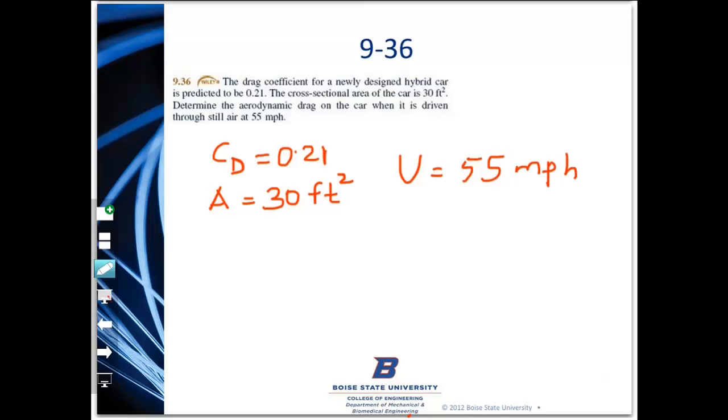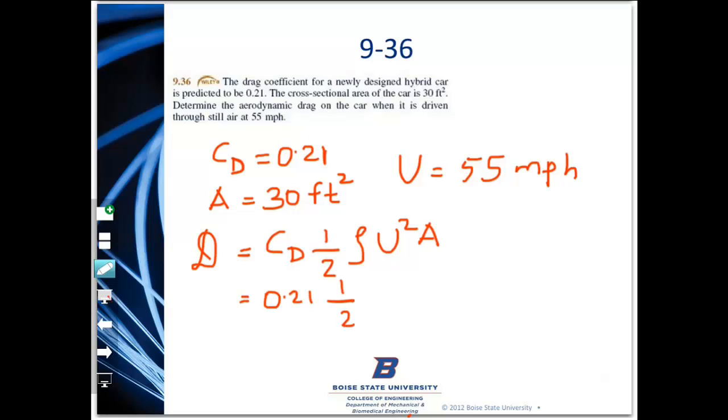So the drag, which is a force, is CD times half rho U squared times A. So you know CD, you know the density for air. You can find this in the tables, and you must convert 55 miles per hour into feet per second, which would be 80.67, squared, times this cross-section area, which is 30.